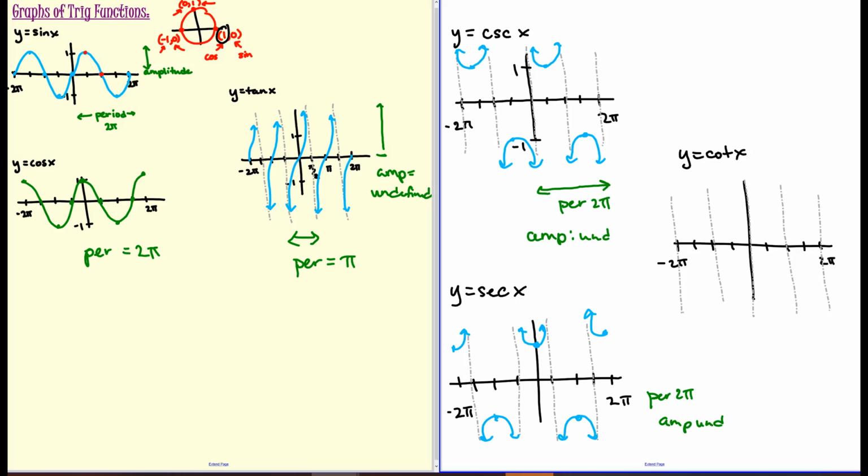And then everywhere that tangent had a vertical asymptote, cotangent has a 0. So in between the vertical asymptotes you have a 0. And instead of curves going up, we have curves going down. Amplitude is still undefined, and period is pi.